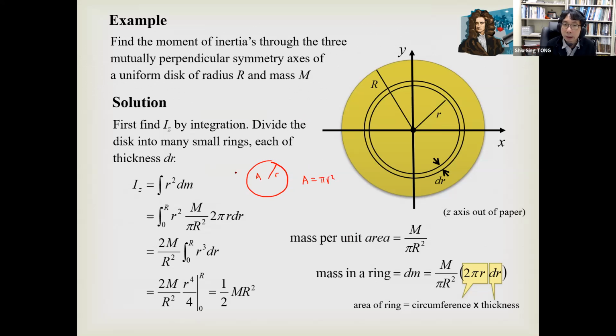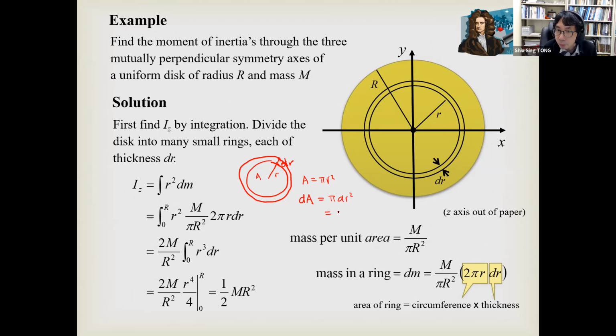Is that right? What would happen if I have a small change in r? If I increase the r to r plus dr, where dr is a small change in thickness, what will be the corresponding change in the area? Well, the answer is easy. We simply do a differentiation. We differentiate the A. On the right-hand side, we differentiate the r squared.